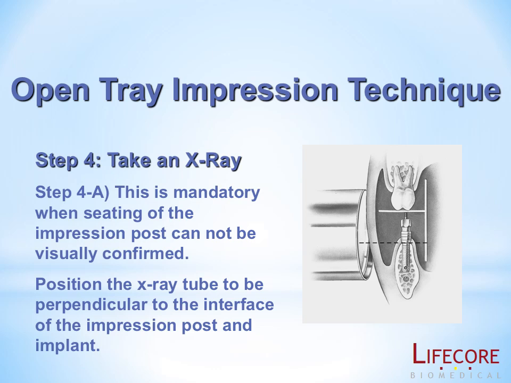Take the X-ray, and also, as we said in the closed tray technique, this is mandatory when seating of the impression post cannot be visually confirmed, and position the X-ray tube to be perpendicular to the interface of the implant post and implant.